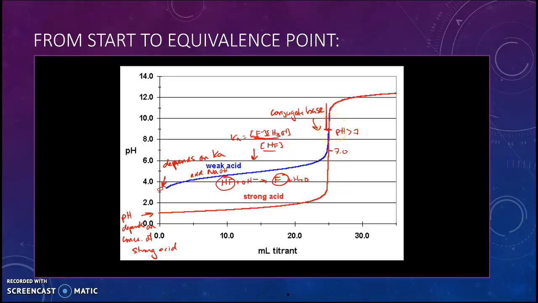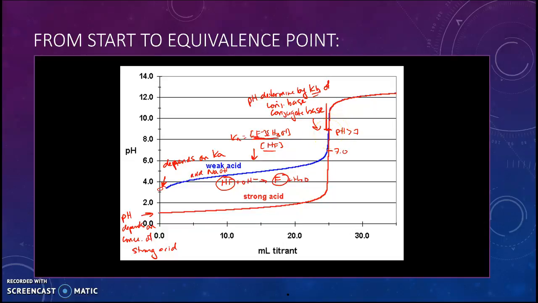And so at this point, the pH is determined by the Kb of the conjugate base of the acid that you start with. Okay? So because it is a base, its pH is going to be above 7, so our equivalence point is going to be higher than 7.